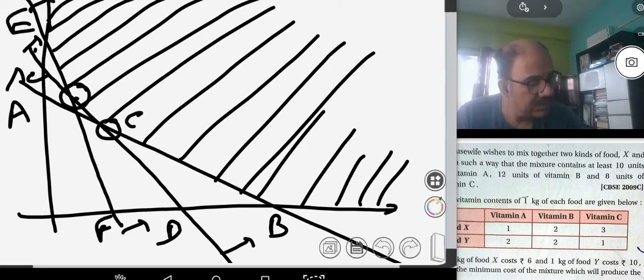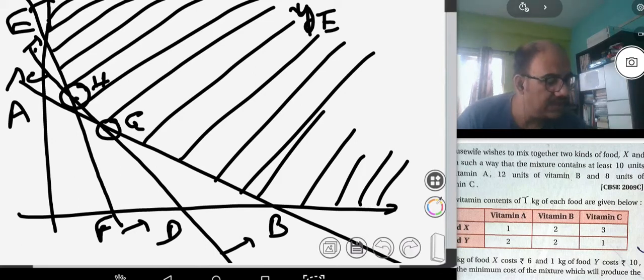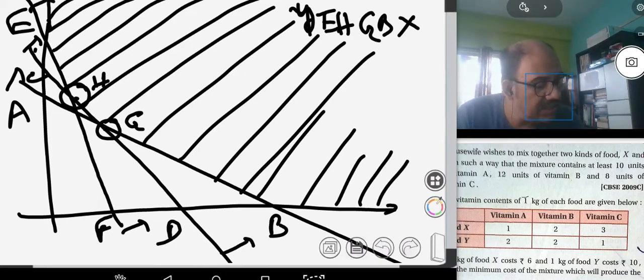Say this is G and H. So our region is an open region, and the feasible region is bounded by the Y axis, E, H, G and B on the X axis. The corner points are E, H, G and B.